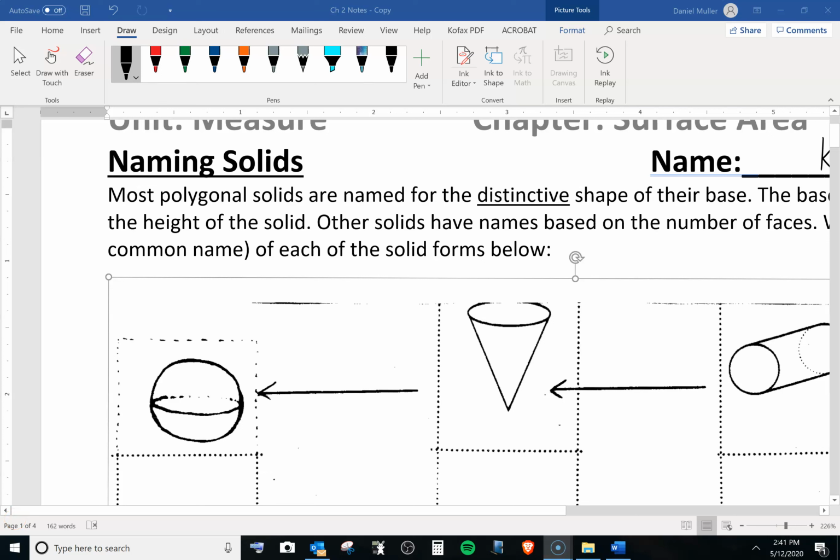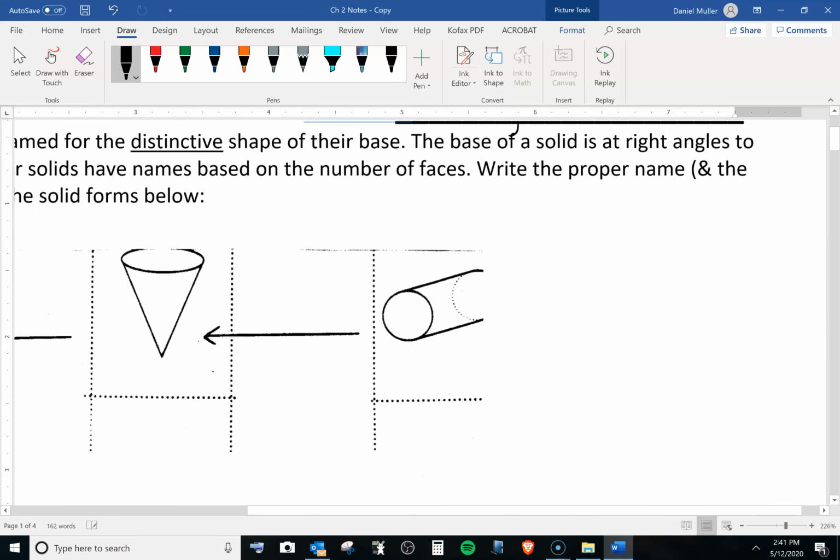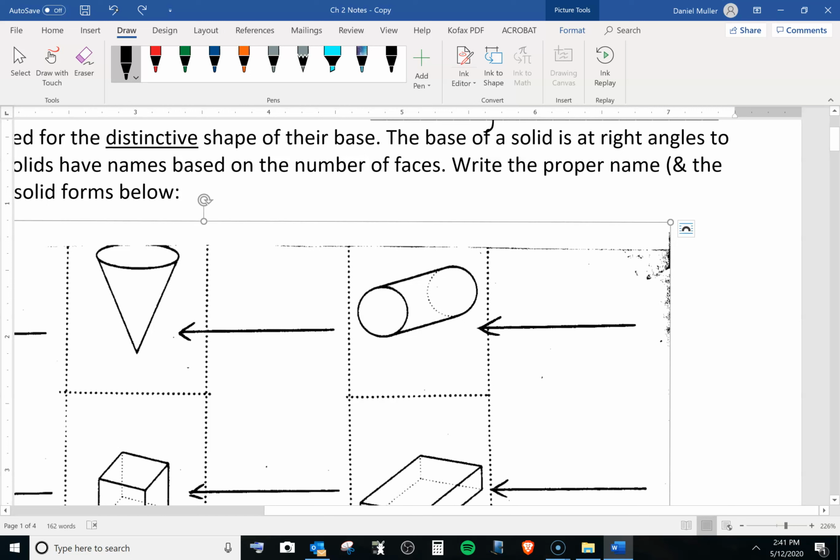So just before we get into surface area and volume, it's good to note the names of all of these things. And so what we're going to be doing first is just naming them. And there's a difference between when a shape comes to a point versus when it just rises normally.